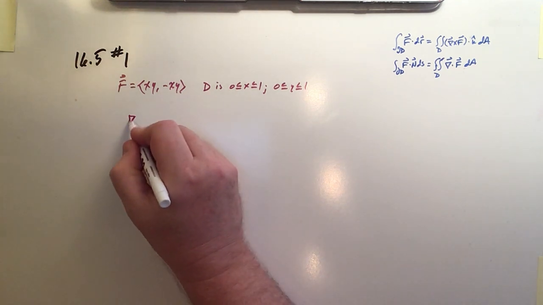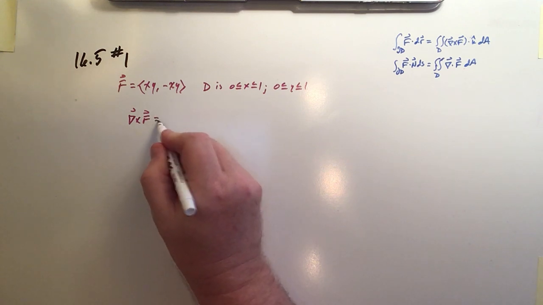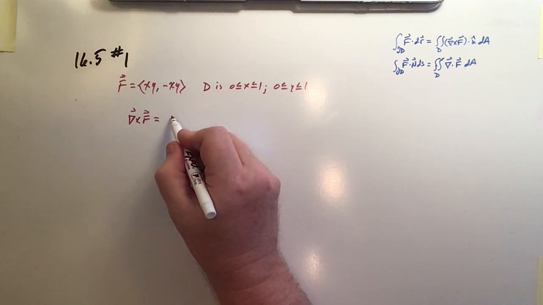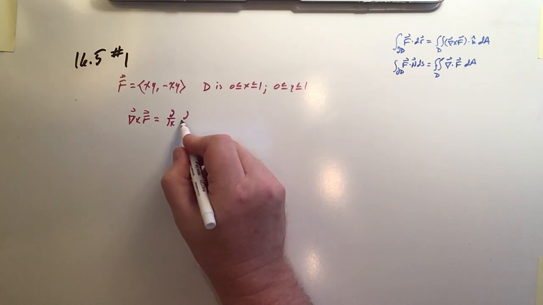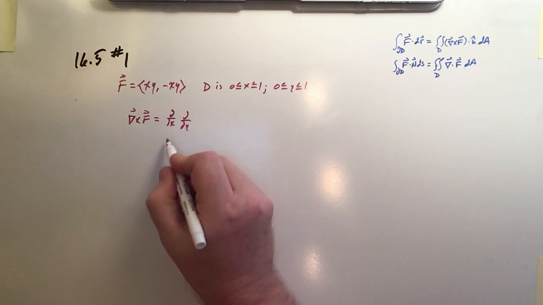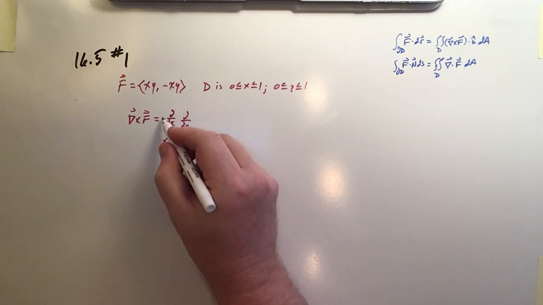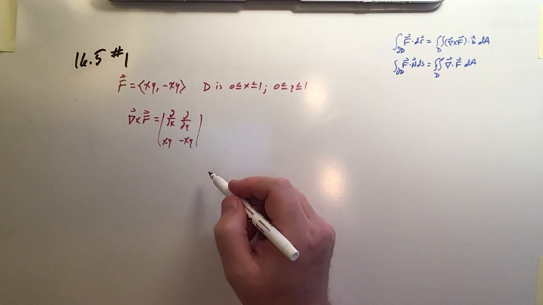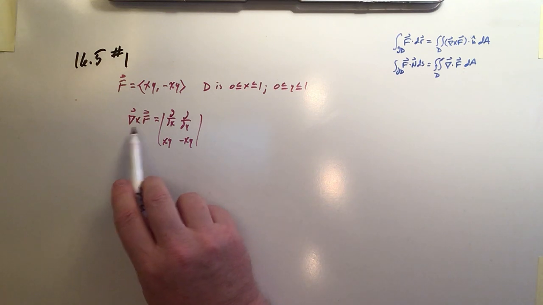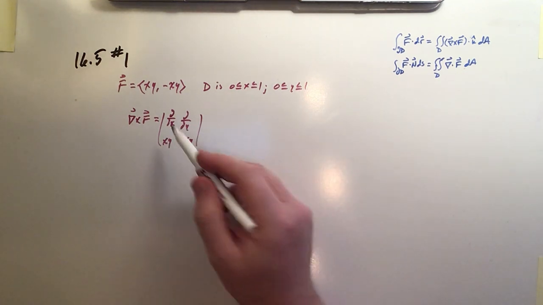I need del crossed with f, and that means I need to evaluate the partial with respect to x, partial with respect to y of xy and negative xy, and I need the determinant of that, and this will all end up in the k hat direction because any cross product in the xy plane always results in a k hat.